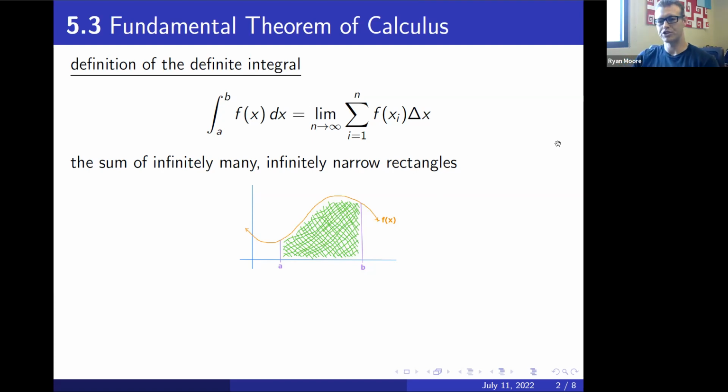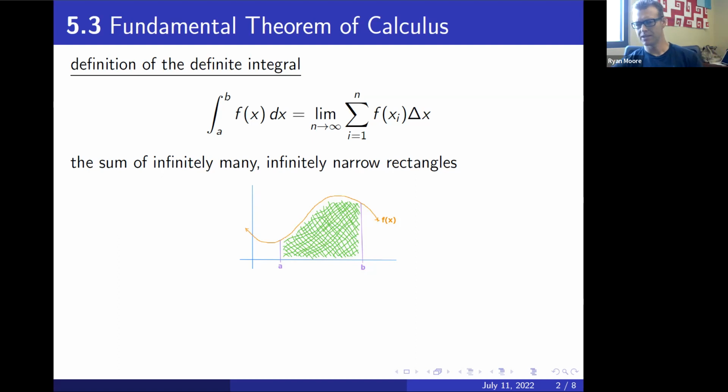It's a stretched capital S. At the bottom is A, at the top is B, f of x dx. That is telling us to find the definite integral from A to B of f of x dx, and graphically, that is the exact area beneath, or I should say between the function and the x-axis, starting at A, ending at B.